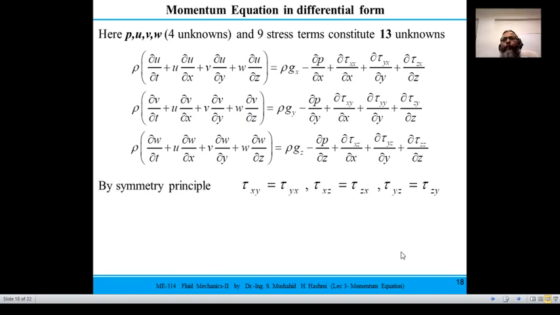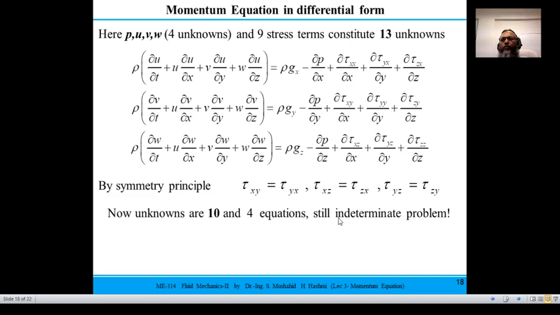First, we know that tau xy and tau yx are symmetric, identical in magnitude. Similarly, tau xz is the same as tau zx. So instead of 9 components, now you have only 6 components. 6 plus 3 components of velocity and 1 pressure, so altogether you have 10 unknowns.